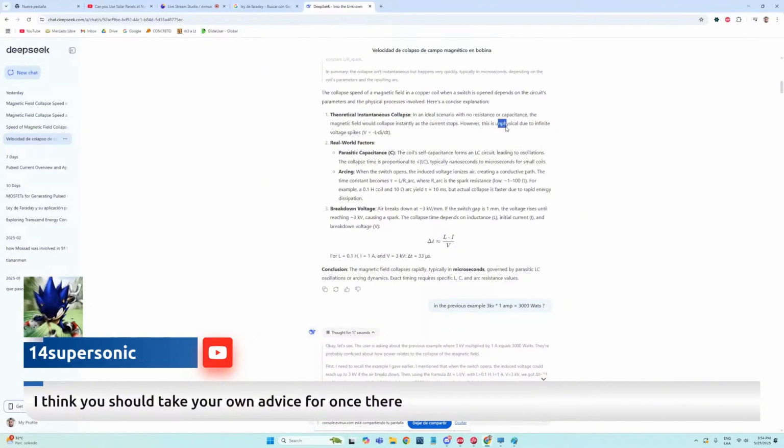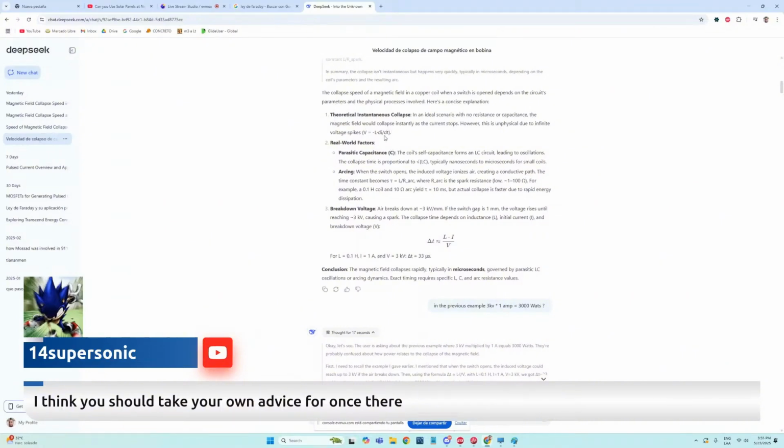However, this is unphysical due to infinite voltage spikes. What we were talking about, it cannot be infinite. dt cannot be zero because it's dividing, right? It has to be a very, very minimal value, but it cannot be zero.